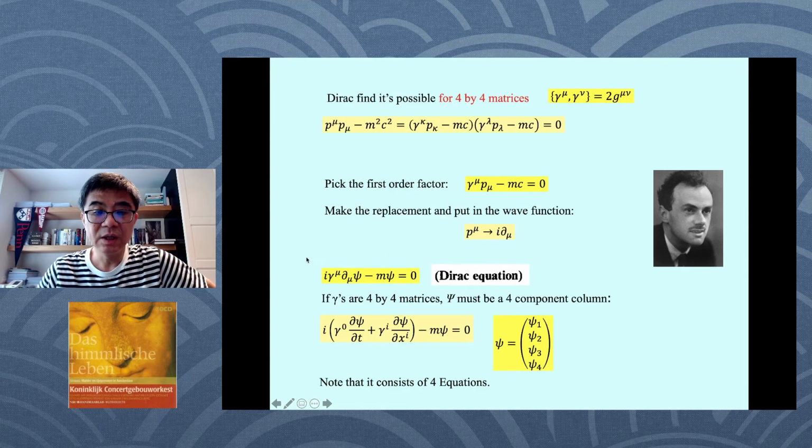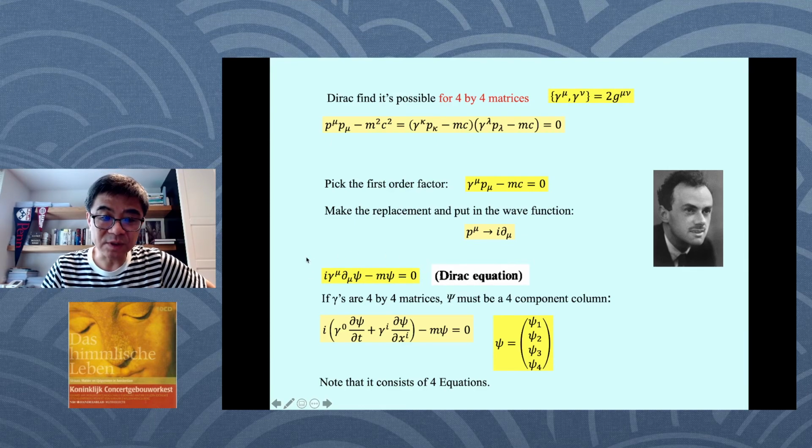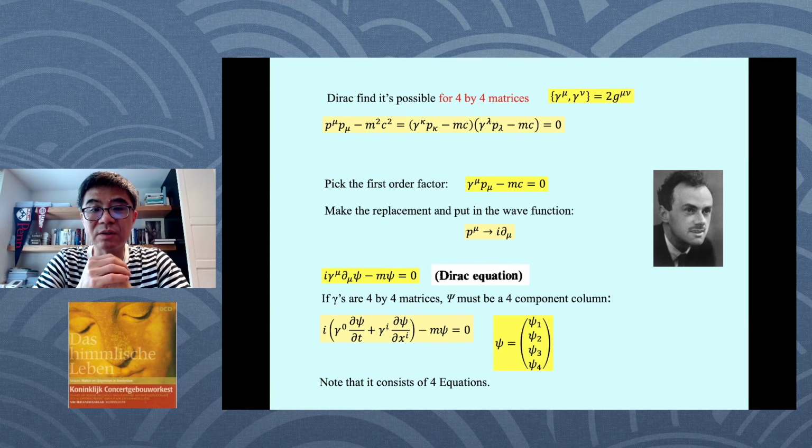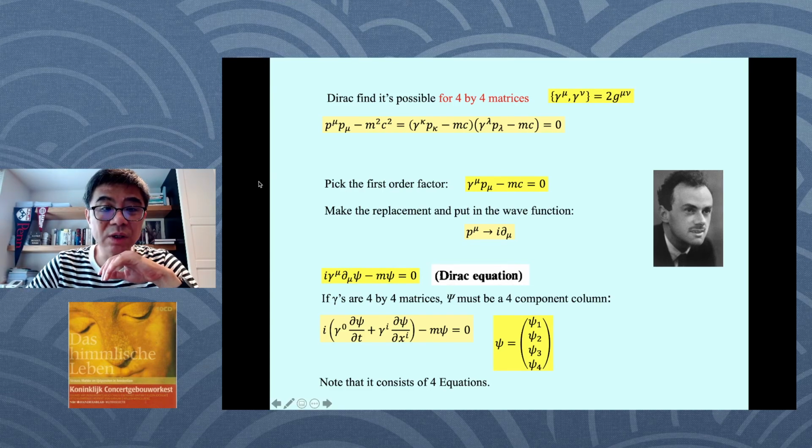Dirac equation. Okay, again, let me emphasize, in this derivation, Dirac only relies on one relation, which we know is the energy momentum relation of relativistic particles. And of course, he insists that the wave equation must be first order.